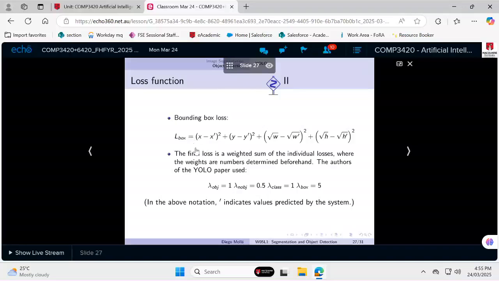So the final loss combines all these different separate losses with some formula like this one here. Okay, as I was saying, you don't have to know these formulas, just need to know that there is a very specialized formula for the classification head for the object detection.